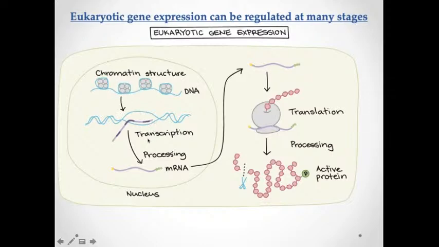Then you have transcription, leading to processing of mRNA, which goes out of the nucleus. Then it is attached by ribosomes and tRNA, leading to translation. Then you have an active protein, and various post-translational modifications happen to the protein to bring it to its desired state.